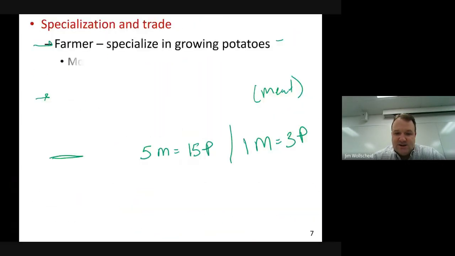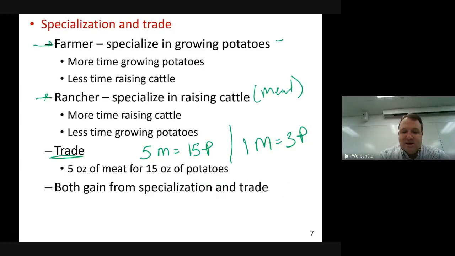If we did this, I could accept anywhere from 10 to 20 potatoes, and it would still be a beneficial trade, because anywhere from 1 meat equals 2 potatoes to 1 meat equals 4 potatoes is acceptable.